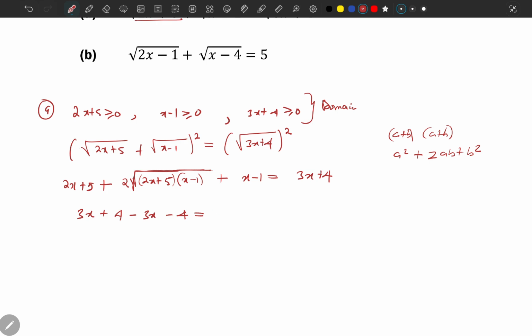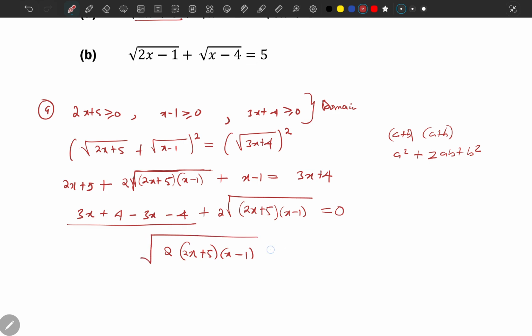This is equal to plus 2 root of (2x plus 5)(x minus 1), and this is equal to 0. That is 0, meaning I'll remain with 2, in brackets, 2x plus 5, x minus 1, everything under the root, and this is equal to 0.